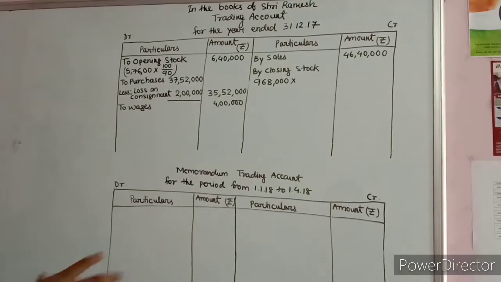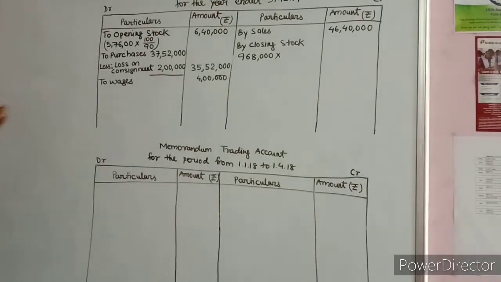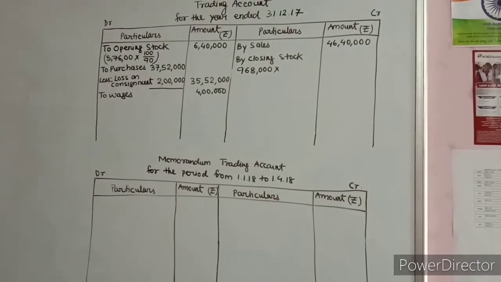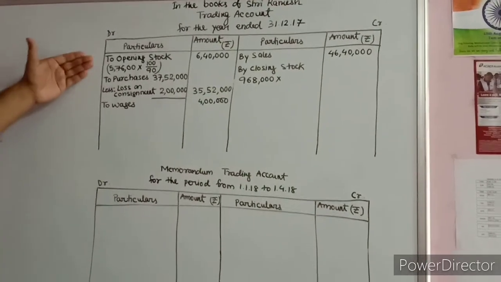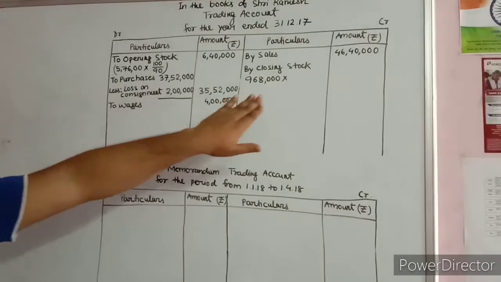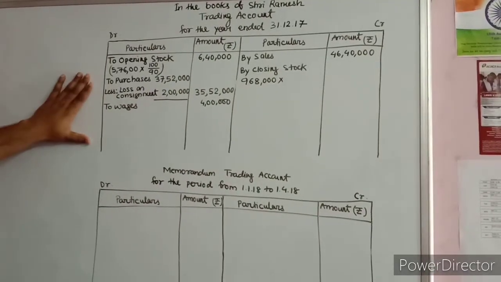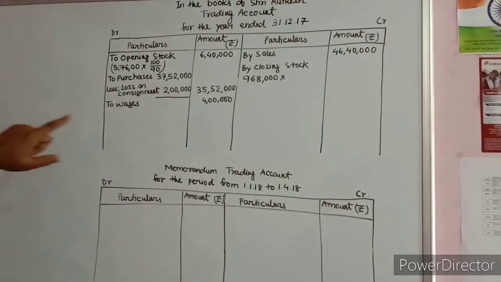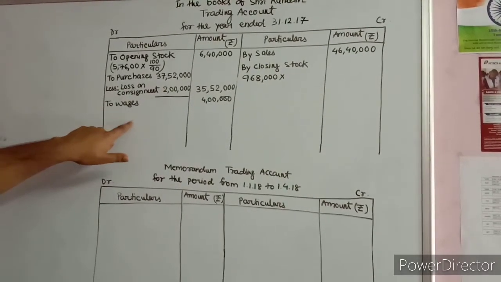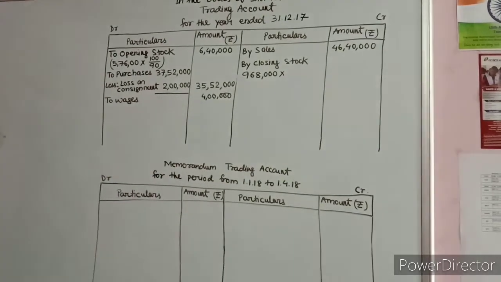Now we are related in this question to this particular period 2018. Here, when everything was normalized. But in the previous year, things were not normal. Opening stock was recorded 10% less, closing stock was recorded 10% more. And the purpose of preparing this trading account is to find out the gross profit. Using the gross profit, we will find out the gross profit rate which we will apply in the current period.